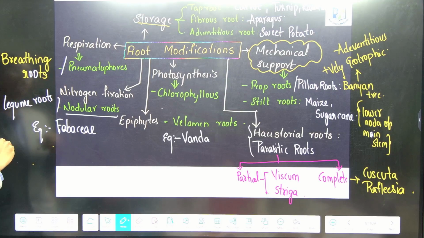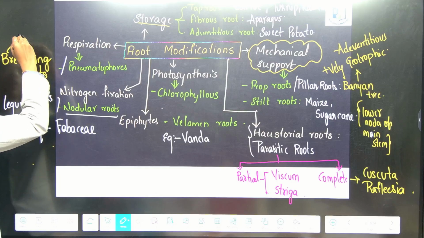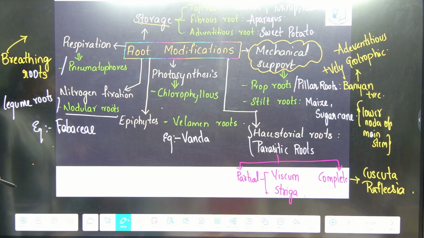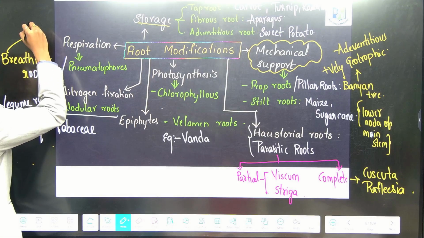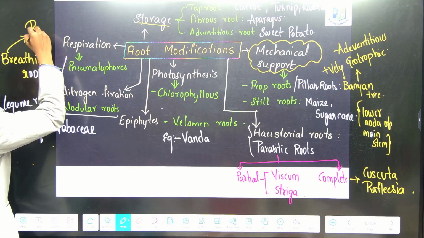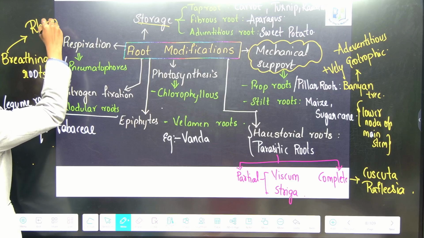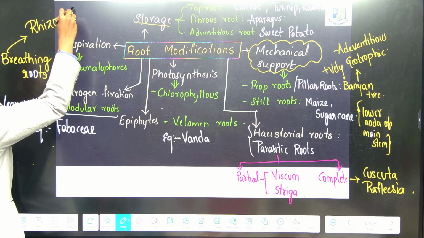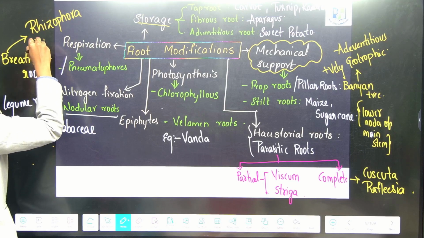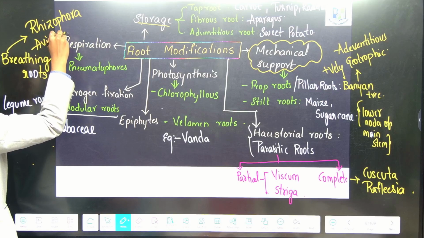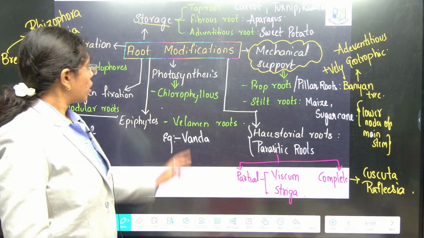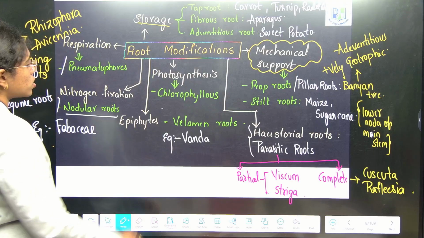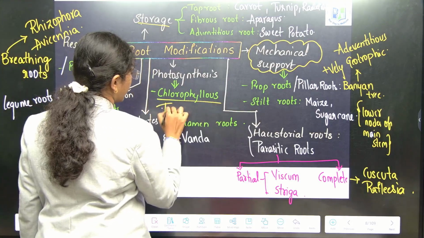They are positively phototropic. Yes or no? They arise vertically upwards. They are positively phototropic. Examples include mangrove plants like Rhizophora, Avicennia. Chlorophyllous roots which perform photosynthesis, Taeniophyllum.